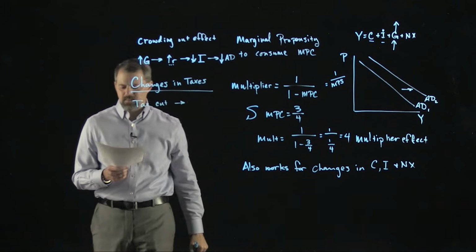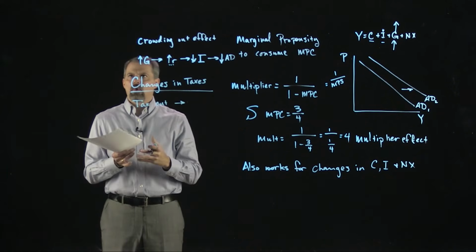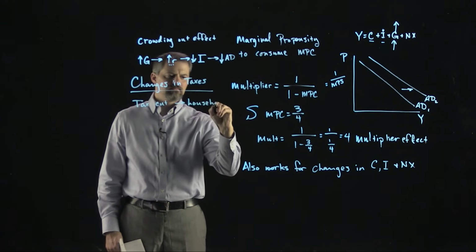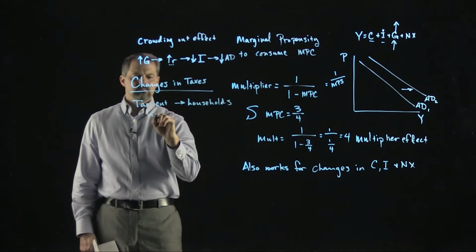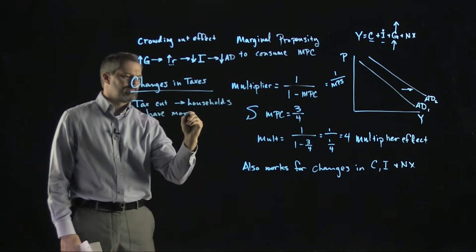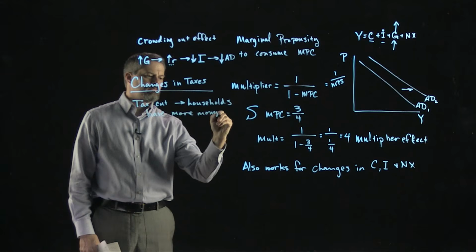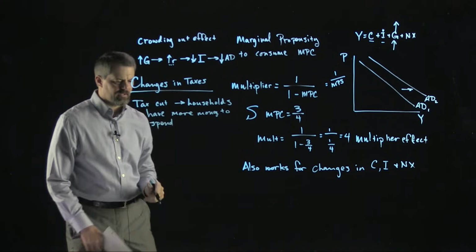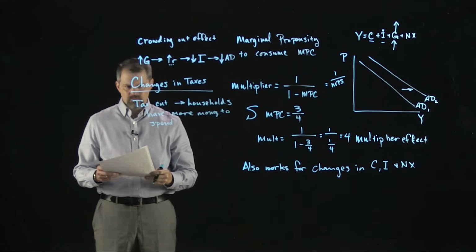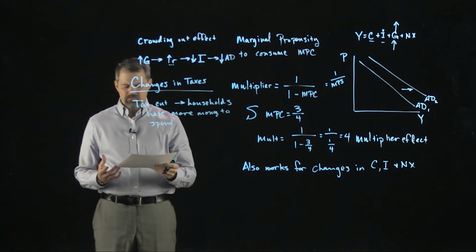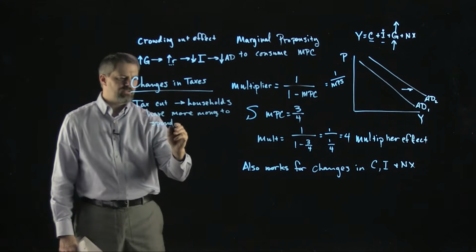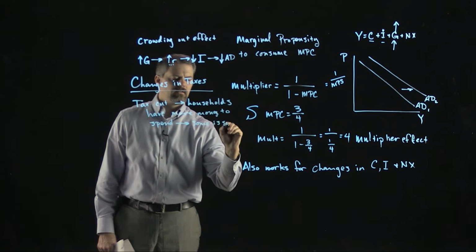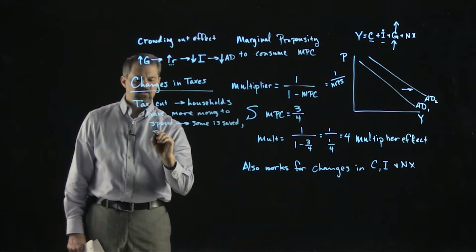A tax cut means that households have more money to spend. Some is going to be saved, but some is going to be spent. So let's say that some is saved, some is spent.